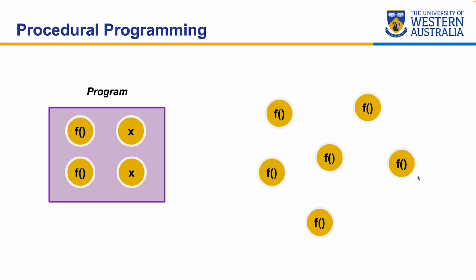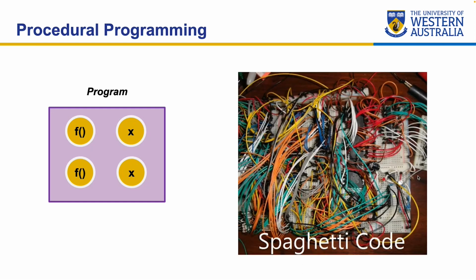But when the problem becomes very complex, we have a lot of dependencies between those functions, which makes it difficult to manage how the data flows between the functions, and how to troubleshoot them, etc. So as the software gets larger, we have what we call spaghetti code.